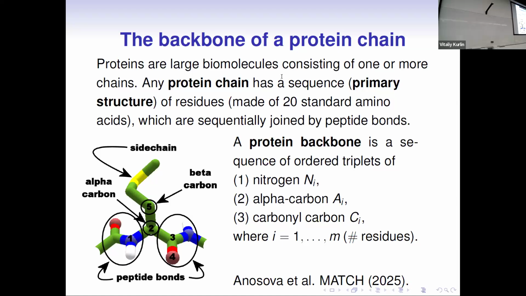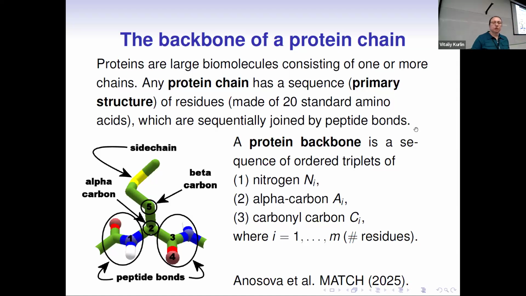In proteins, it's simpler in a sense that those amino acids are connected sequentially from one amino acid to another by so-called peptide bonds. And another common thing for each amino acid is the existence of nitrogen, alpha carbon, and carbonyl carbon.